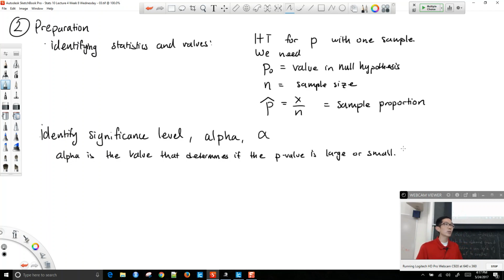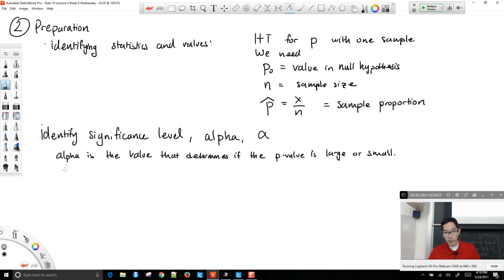How do we decide when the value is large or small? That comes down to our choice of alpha. Alpha is like a line in the sand, an arbitrary line. It's like, are you tall enough to ride the roller coaster? It's 42 inches or whatever. If you're taller than that, you can ride. If you're shorter than that, you cannot.